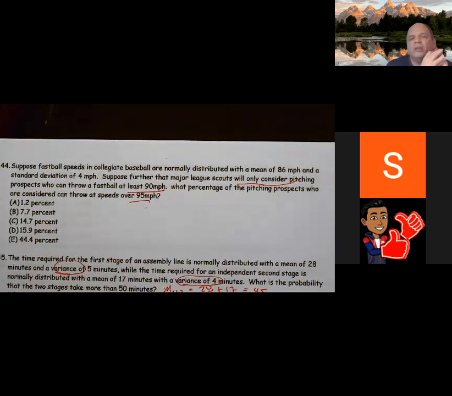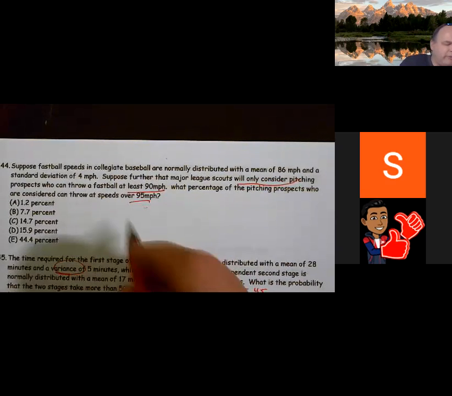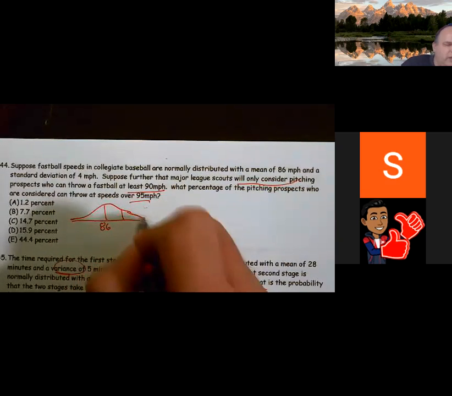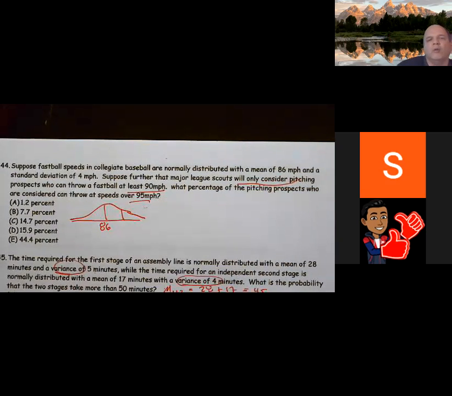So once again, they only consider you if you can throw 90, and that's not what we're starting out with. We have a mean of 86. So this is a given situation: given that they throw over 90, what's the probability they throw over 95?